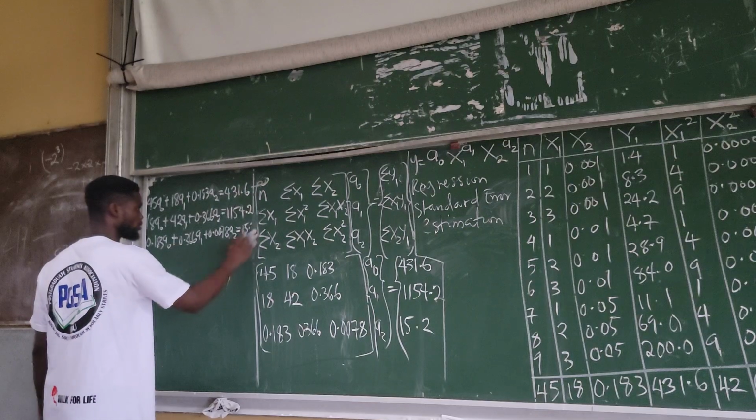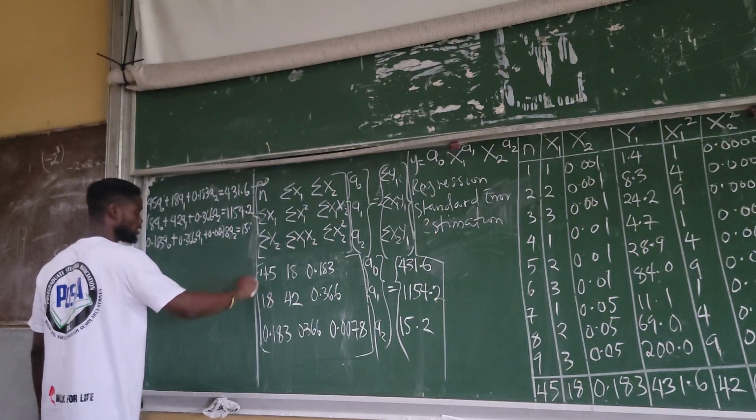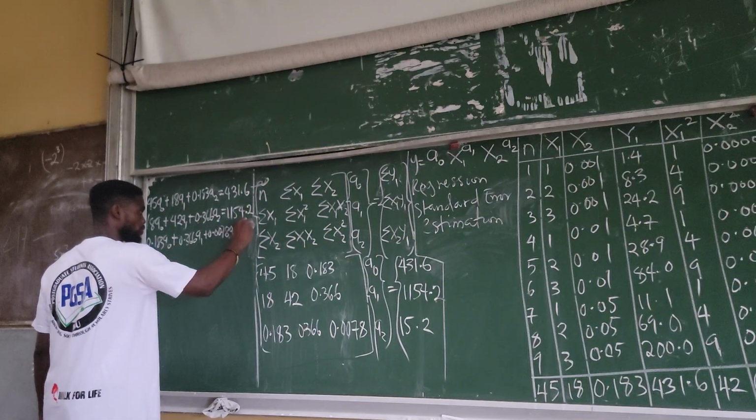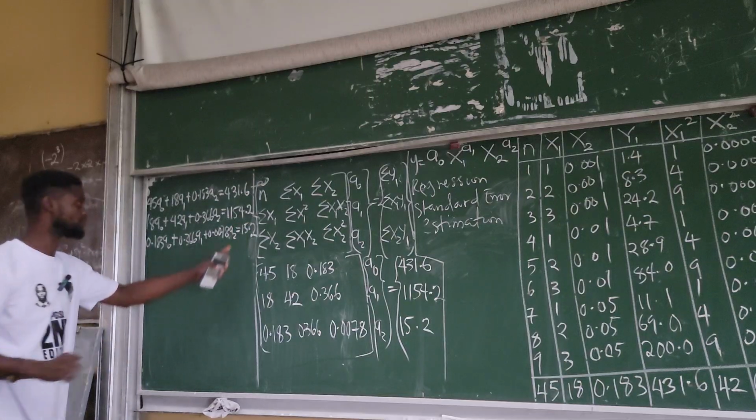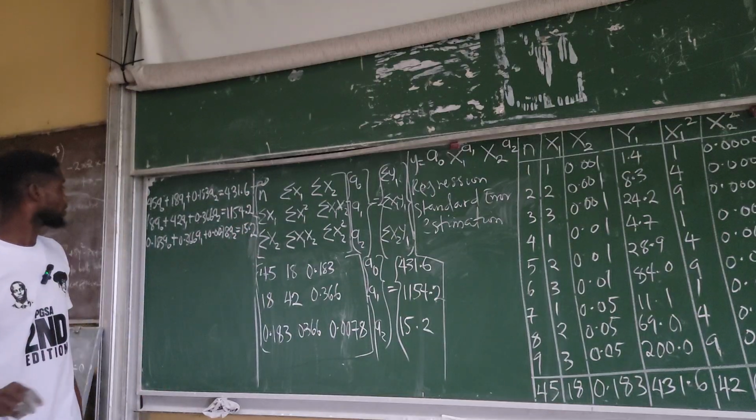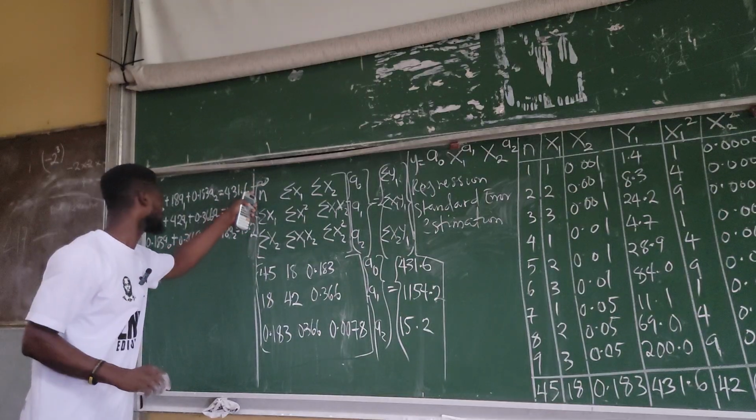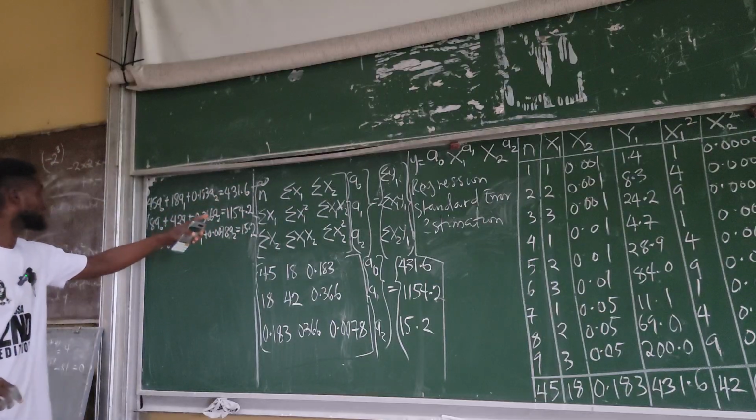Sorry, trying to manage the board. For my viewer, this is 15.2. So this is equation 1, this is equation 2, and this is equation 3.